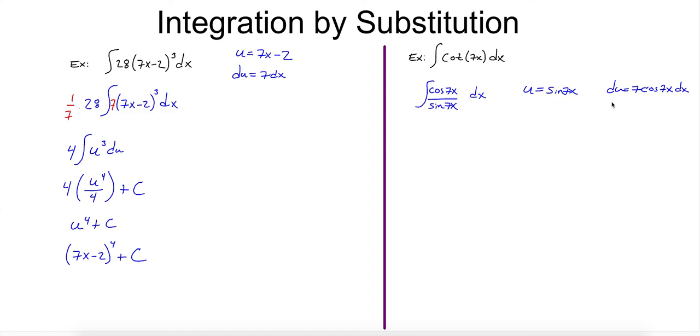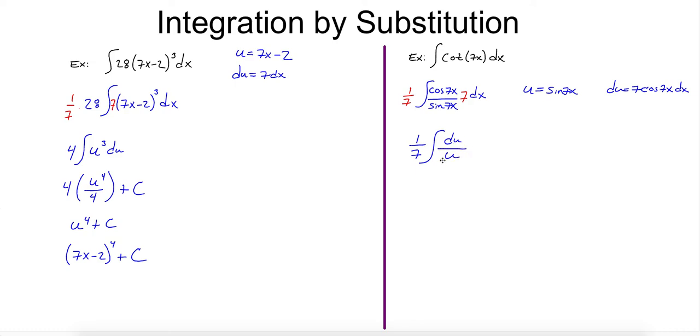If we do it this way, we want to be able to plug in right here, so we're going to have to include a 7 with that dx in order to get rid of it. That means I need to have this 1/7 out in front. So as we go ahead and do this, we get 1/7 times the integral of du over u.